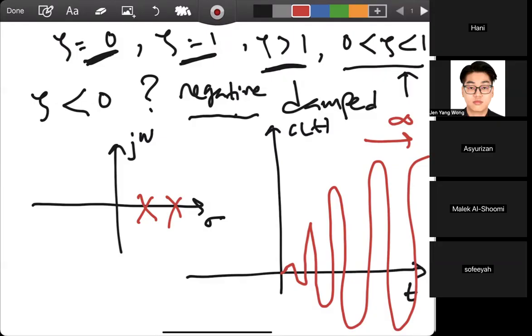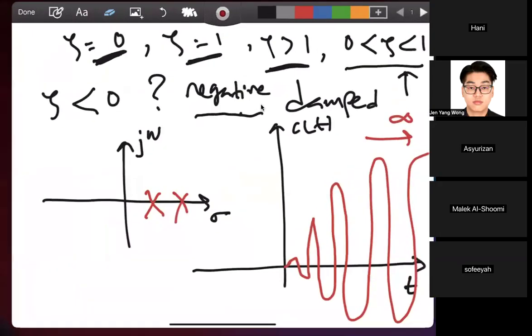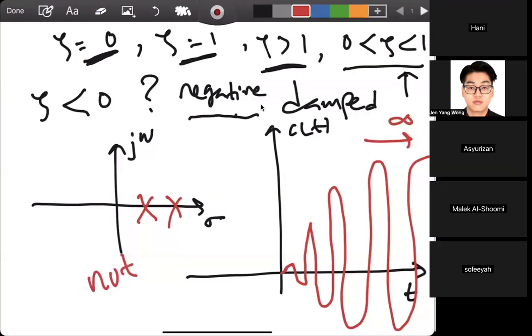Amplitude increases without limit when time goes towards infinity, becoming bigger and bigger. So meaning that it's not stable.